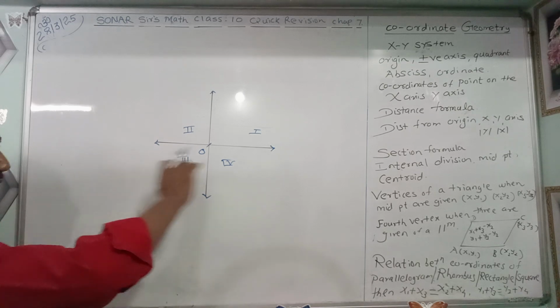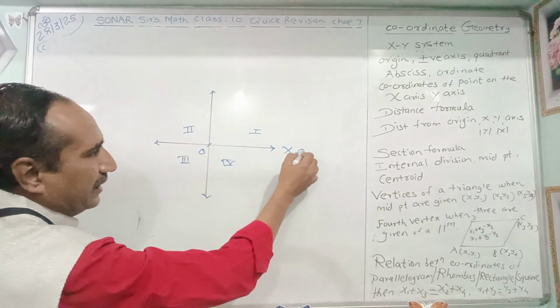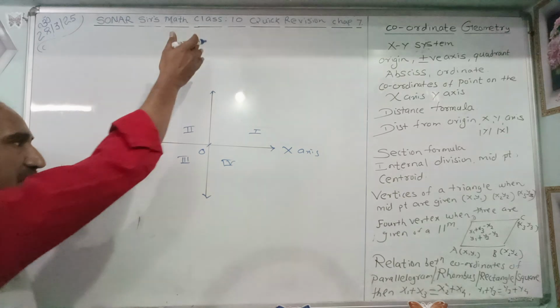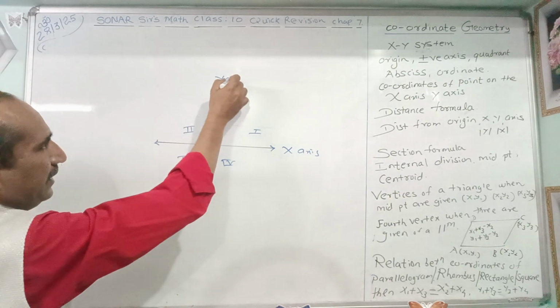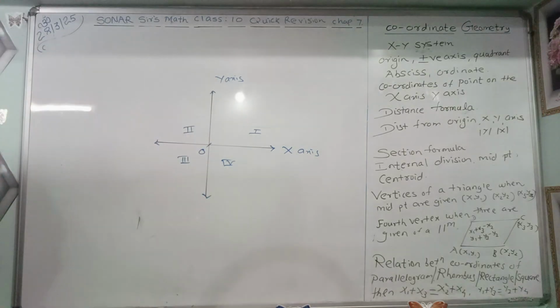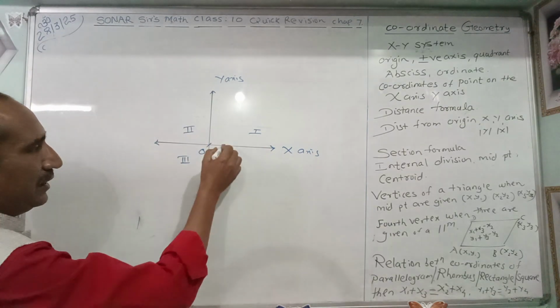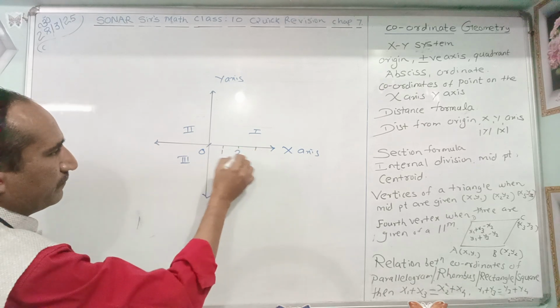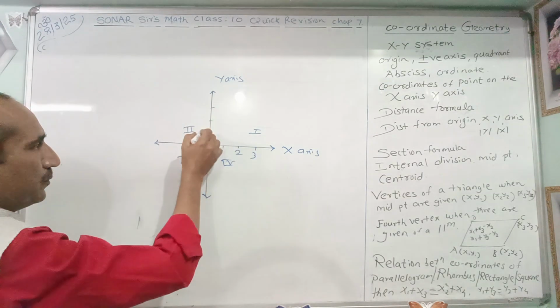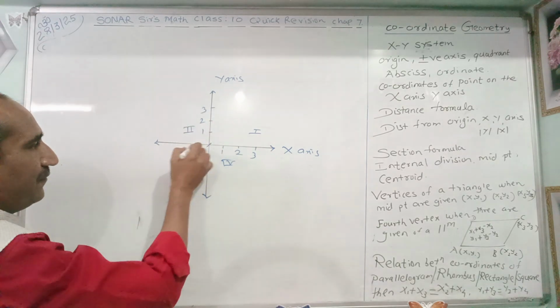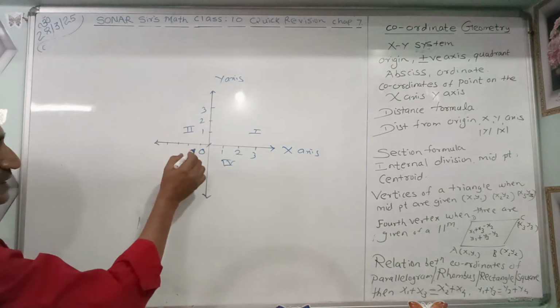The horizontal number line is called the x-axis and the vertical number line is called the y-axis. As you know, the right hand side of the number line is positive and this one is also positive, and the left hand side of the number line is negative.